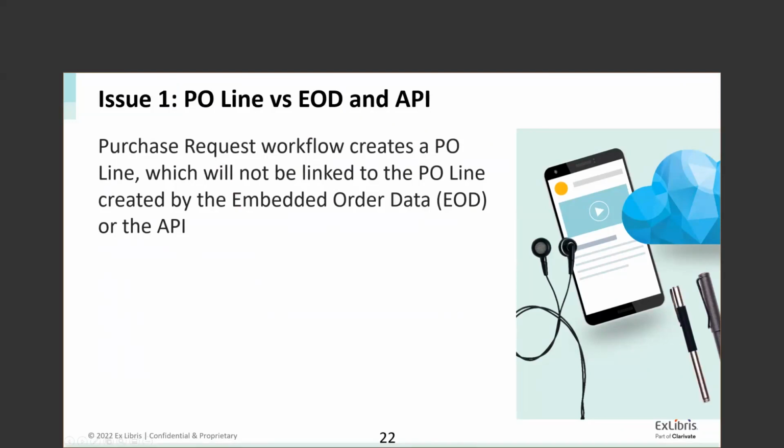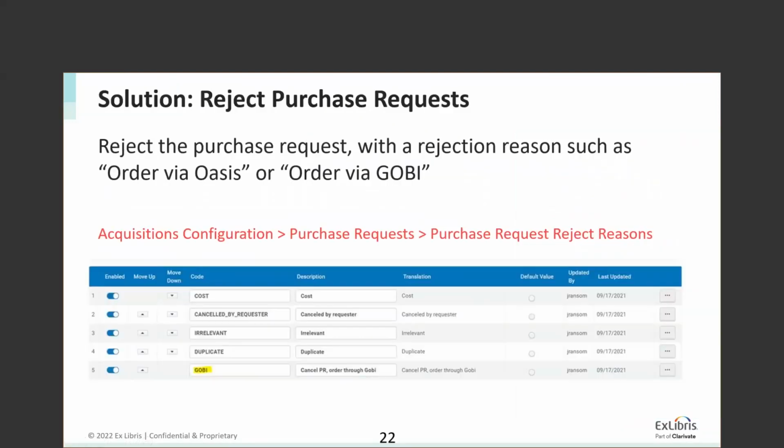So the way that some libraries handle this is by actually rejecting purchase requests, but setting up a rejection reason that is something like order through Oasis or order through Gobi, so that you are getting this out of the queue. You're still aware of the need to purchase this resource, all of the course information, but you're technically finishing the Alma process here by rejecting it and then picking up the rest of the process in Gobi or Oasis or wherever it is that you're doing your ordering.